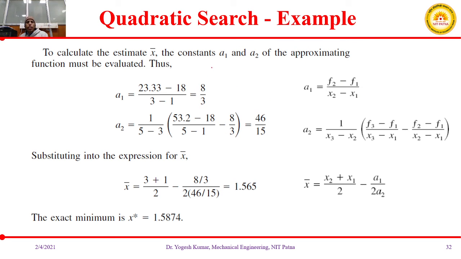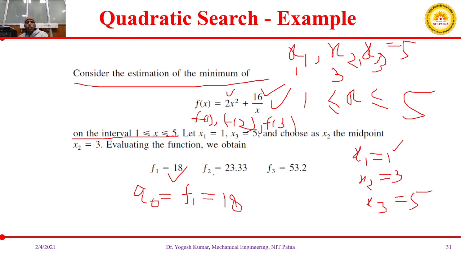Then for calculating a1: a1 is equal to (f2 minus f1) upon (x2 minus x1). This we have already calculated in the discussion. Let us put the values: f2 is 23.33, f3 is 53.2, and f1 is 80.